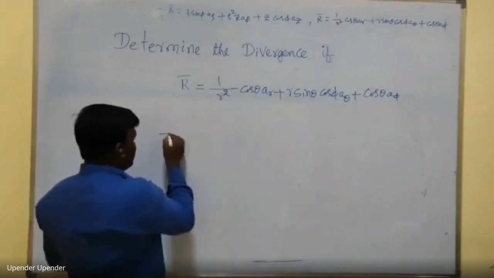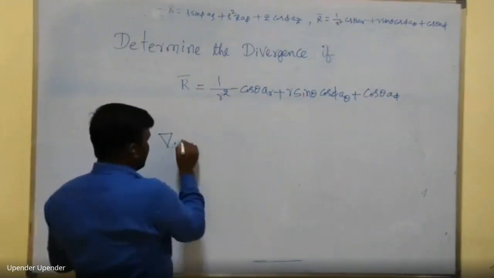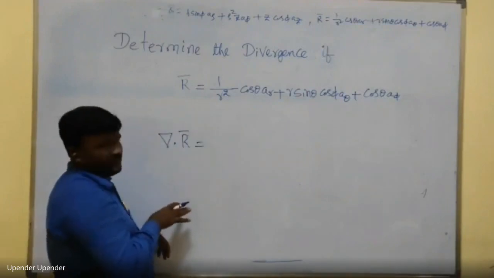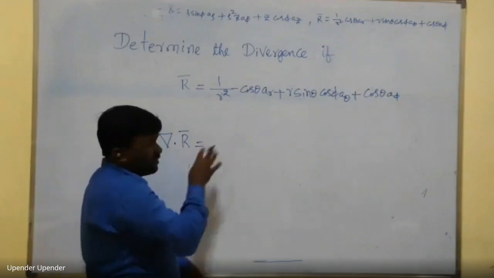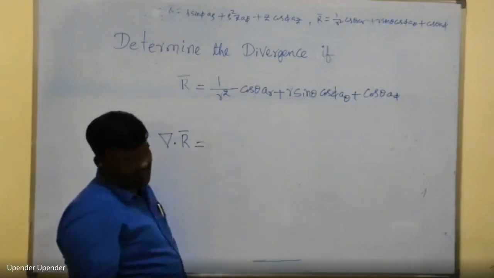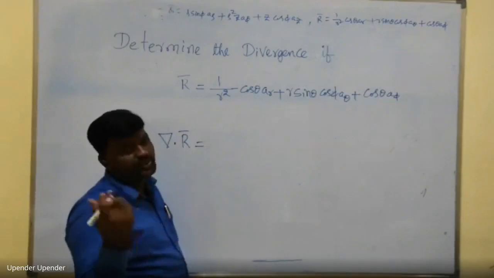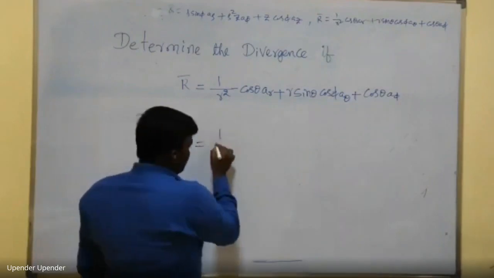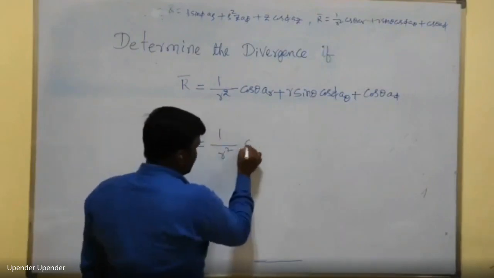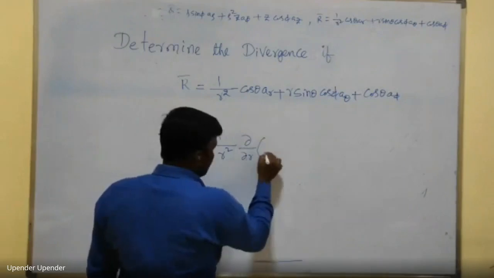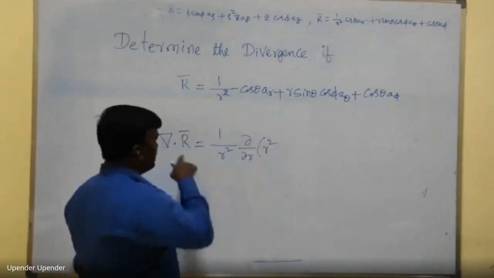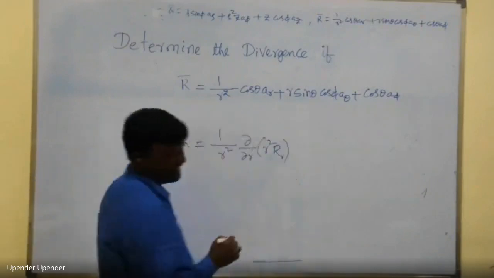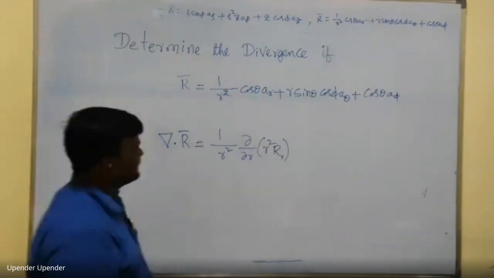Now write the formula. Del dot R bar. Already we derived this formula in the derivation of divergence in different coordinate systems by using h1, h2, h3. Please refer to that topic. This can be written as 1 by r square dou by dou r of r square into Ar if the vector is A. But here the given vector is R, so I am writing R suffix r.